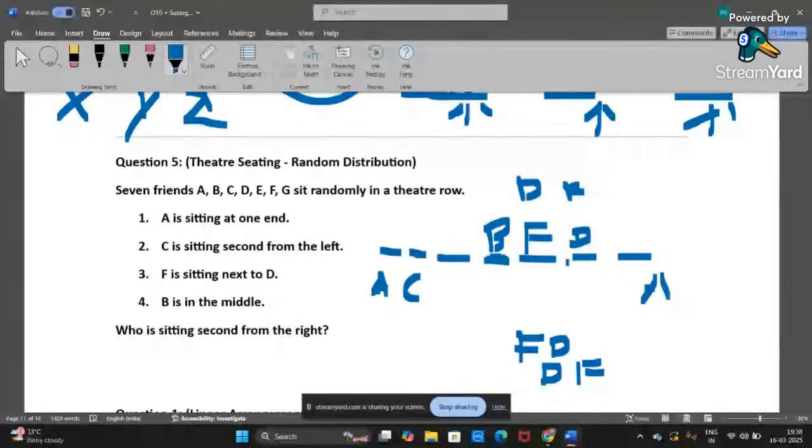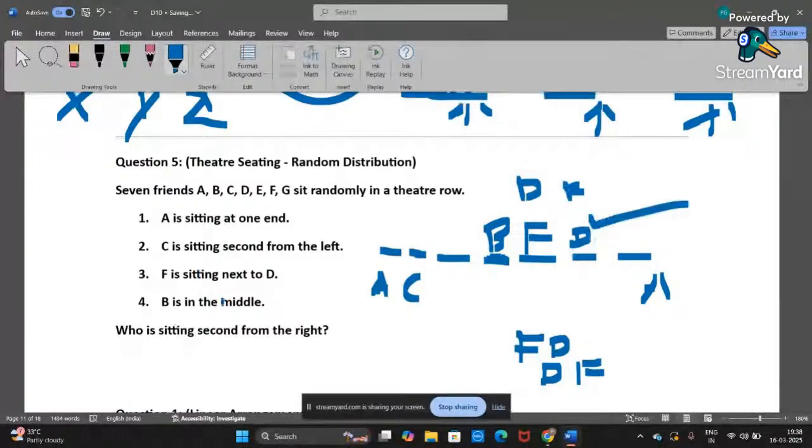So next, A, B, C, D, E, F and G are not fully given. Who is sitting second from the right? The second from the right can be D or F. Here also the data is inadequate, right?